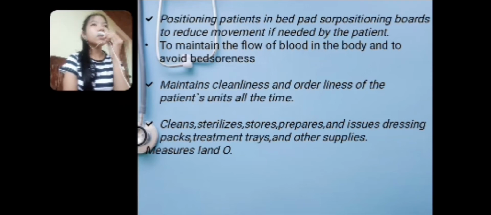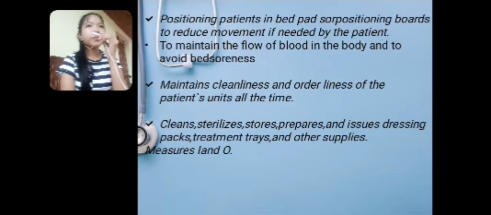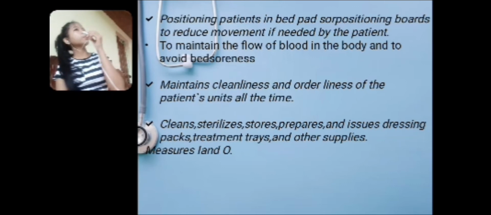Also always pack the sterile materials, which is called a sterile pack. This is where we put the sterile and separate it from unsterile materials. Then treatment trays and other supplies, measured in I and O.